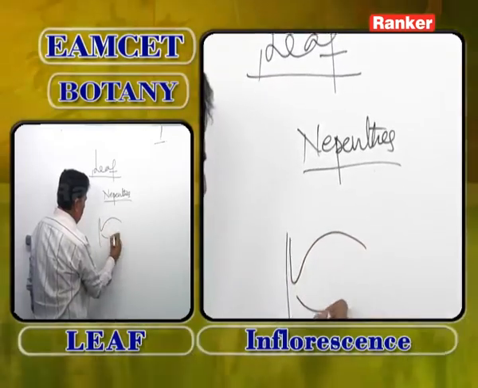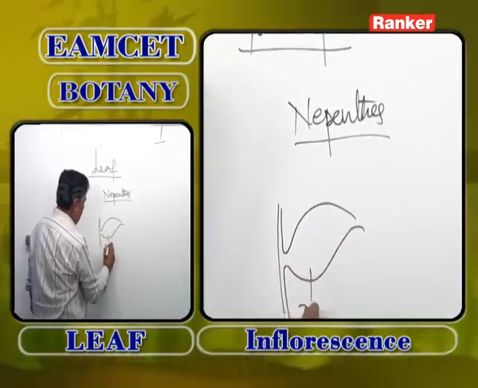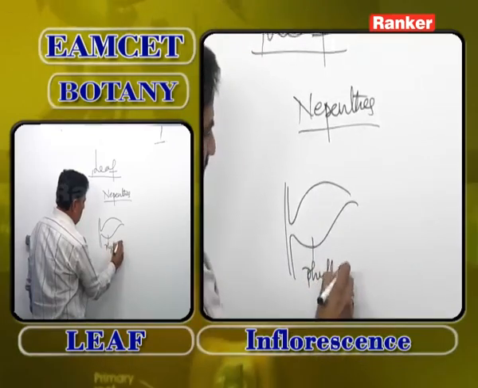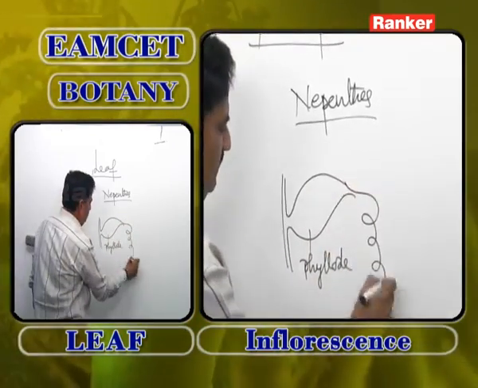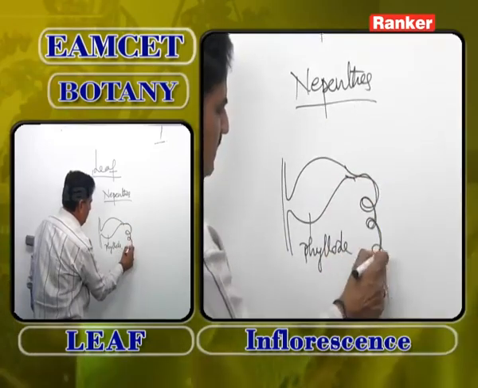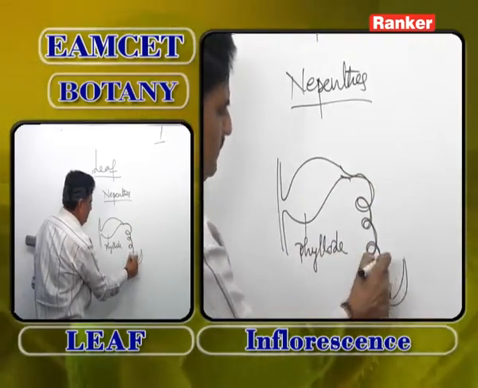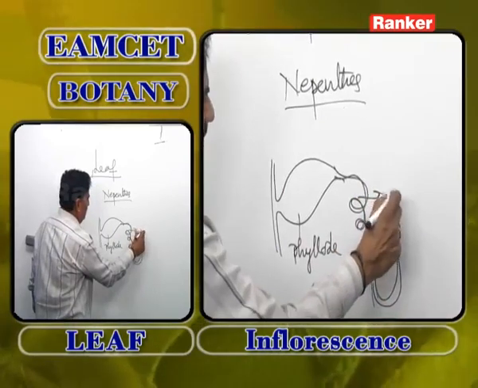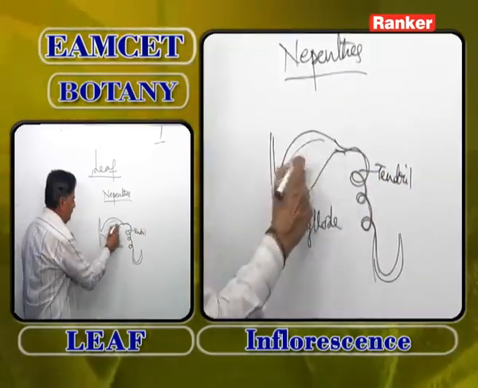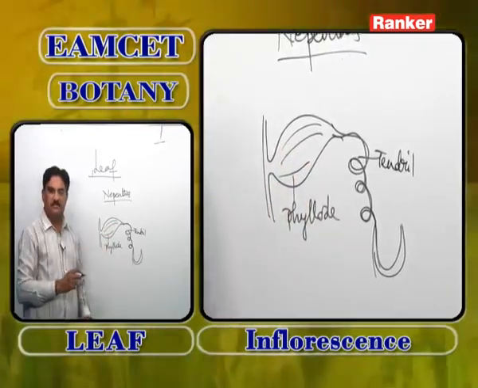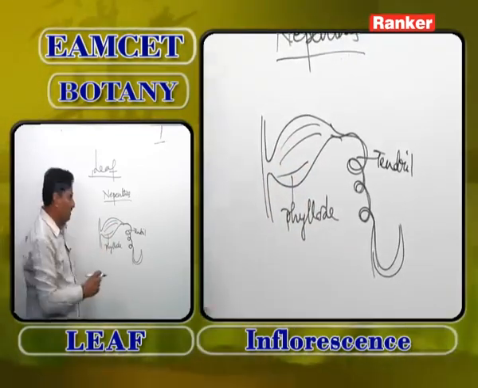The lower part of the leaf modifies into a green, chlorophyllous structure called phylloid, which performs photosynthesis. The upper part of the petiole is modified into a tendril. The lower part of the petiole is modified into a broad, expanded, green-colored special photosynthetic structure called phylloid.